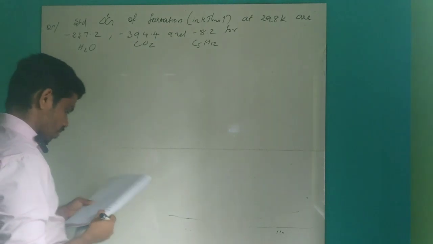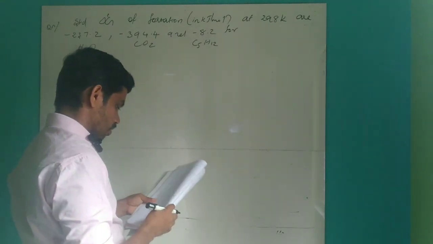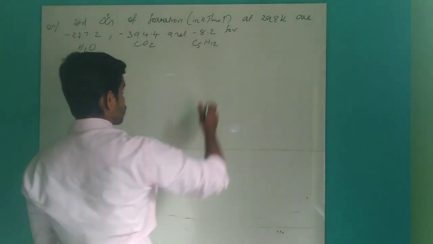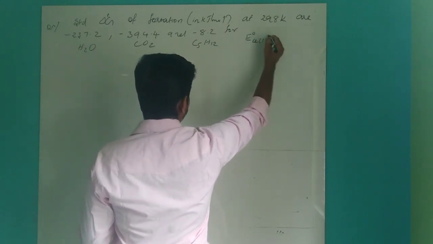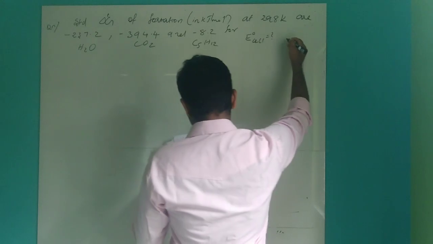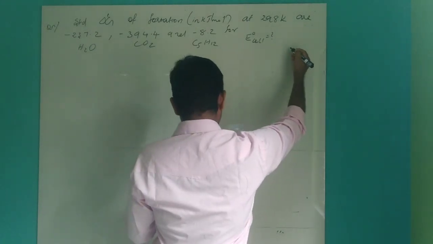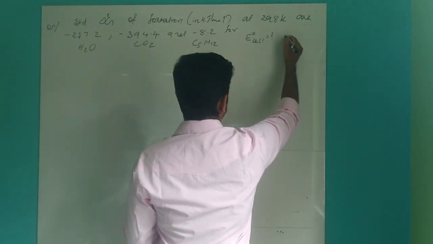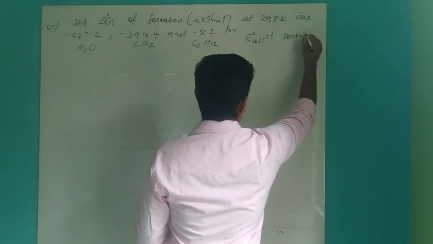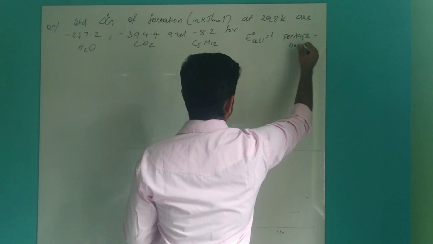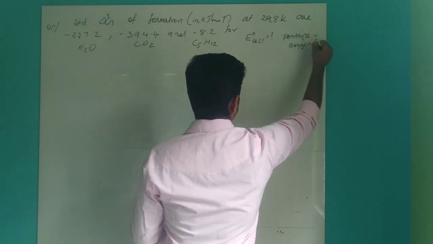CH2. The value of E0 cell you have to find out for a pentane oxygen fuel cell.